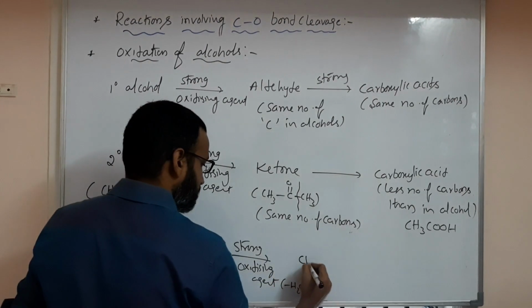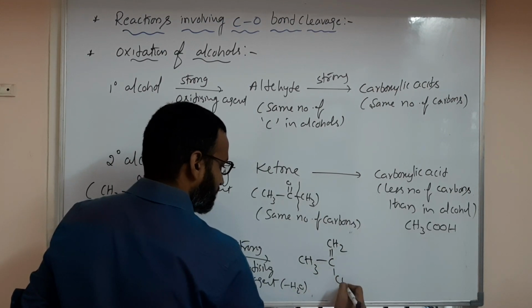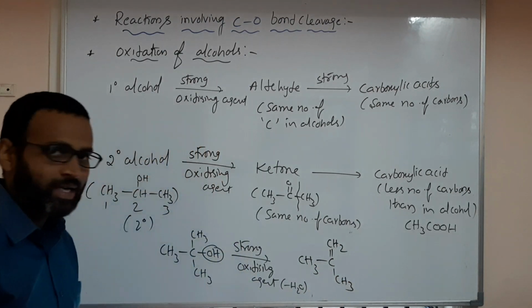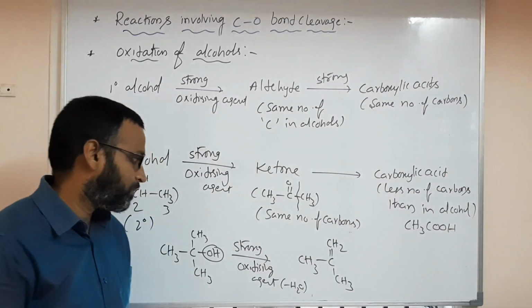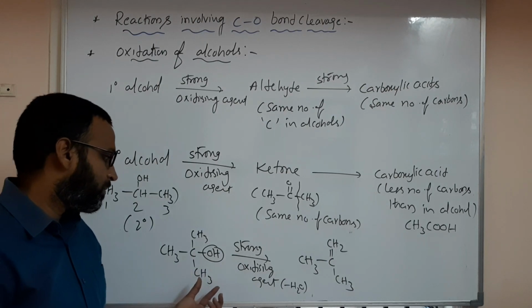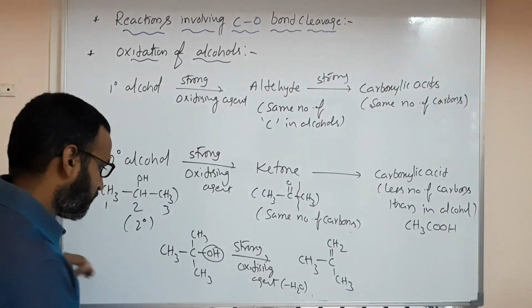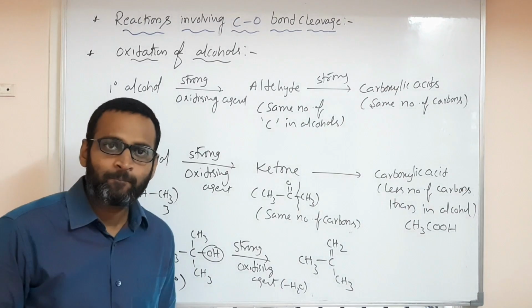Then the product is CH3C, double bond CH2 and single bond CH3. Like this it happens. Understanding, sir? This is the most important thing for you. Please remember all these things. Alkene is the product when the tertiary alcohol is reacting.